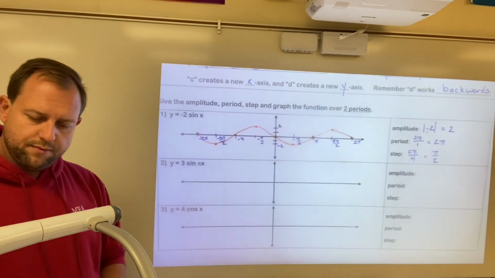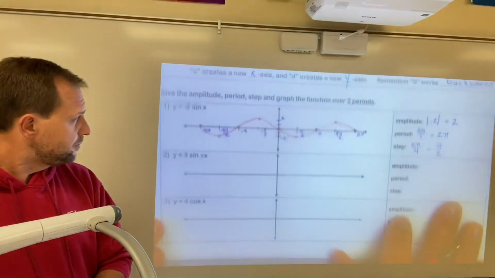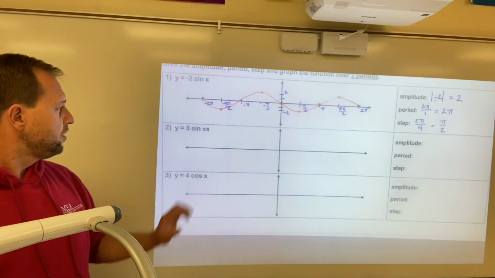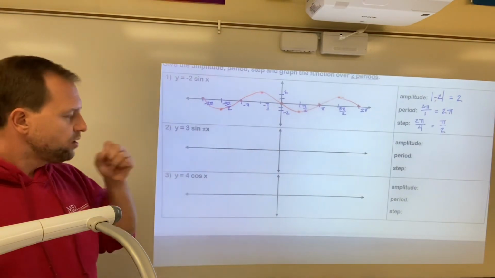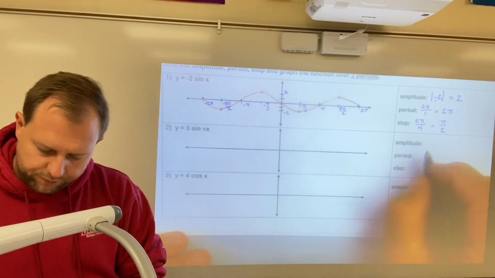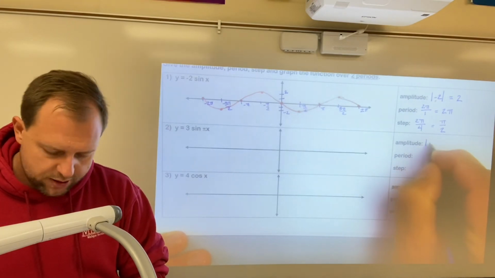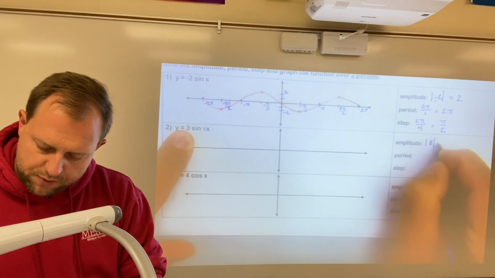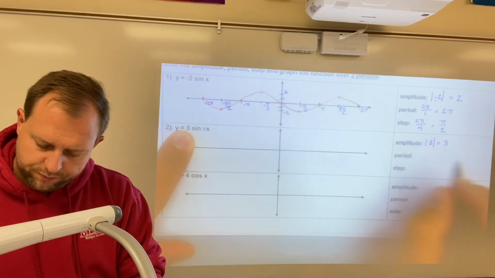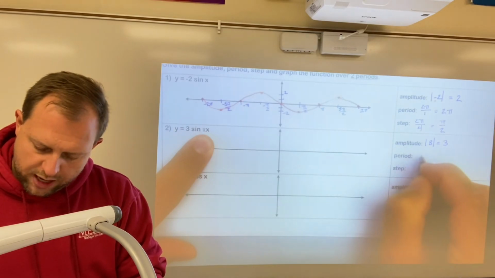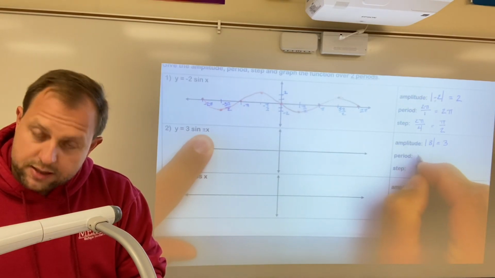Second one, we have 3 sine pi x. Our amplitude out front is the 3. Absolute value of 3 is 3. The b we have is pi this time.